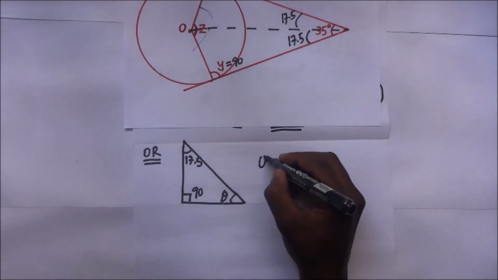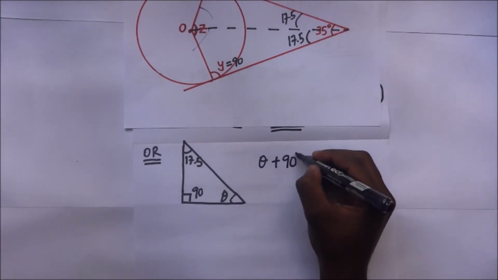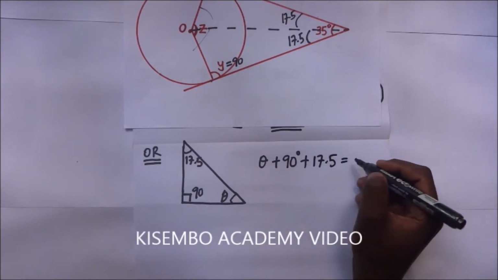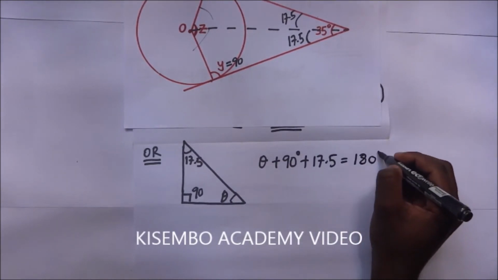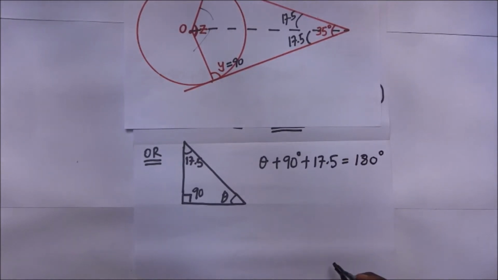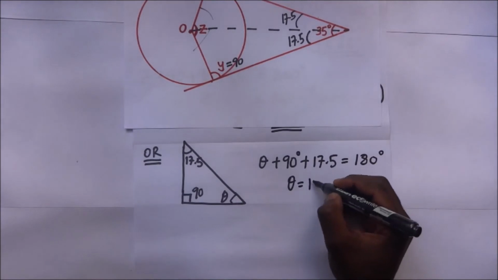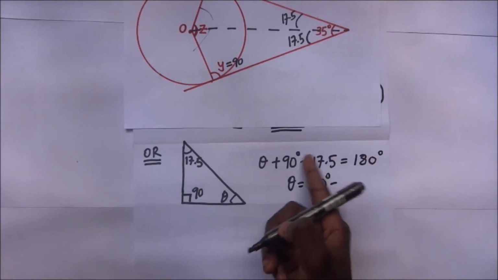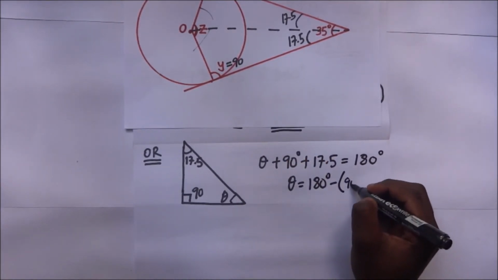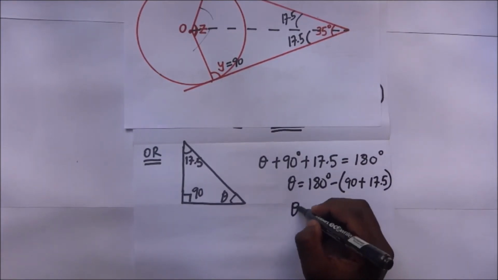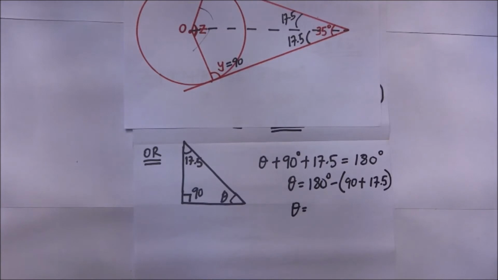So this is simply going to be theta plus 90 degrees plus 17.5 should give us 180 degrees. So our value of theta there is simply going to be 180 degrees minus 90 plus 17.5.